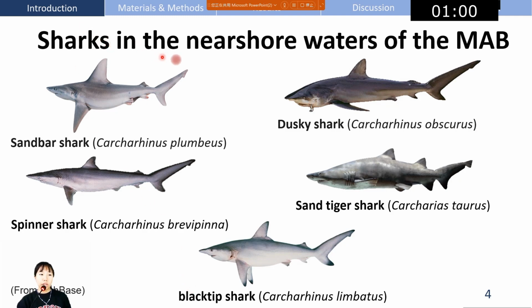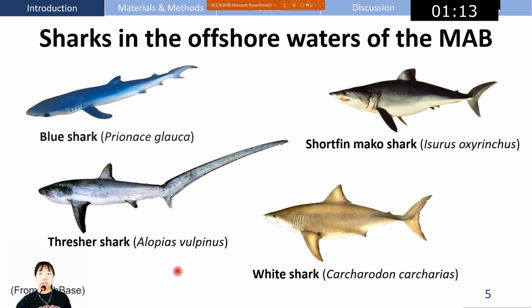The sharks in the nearshore water of the MAB are dominated by sandbar shark, dusky shark, spinner shark, sand tiger shark, and blacktip shark. In addition, the sharks in the offshore water of the MAB are dominated by blue shark, shortfin mako shark, thresher shark, and white shark.